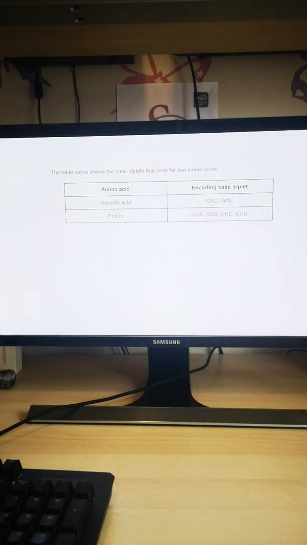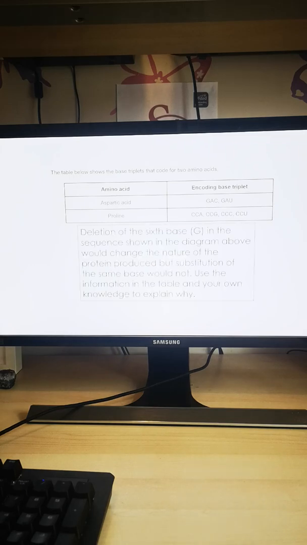Okay, so thinking about what we did last video now, here we've got 2 amino acids coded for, and we're going to delete the sixth base G in the sequence shown in the diagram. Ah, there it is. Okay, so here is the base sequence on the top.